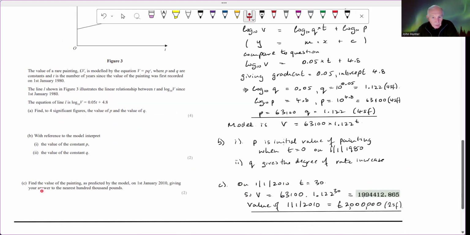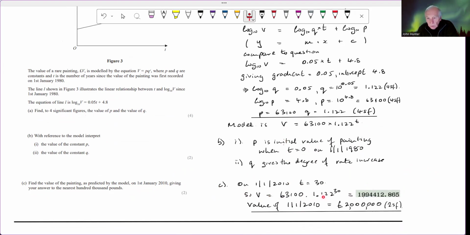This is the sort of bonus for 2 at the end. Find the value of the painting as predicted by the model on the 1st of January 2010, giving your answer to the nearest £100,000. And yeah, so we're just using our model here, substituting t equals 30 in there, 2010 being 30 years after 1980.